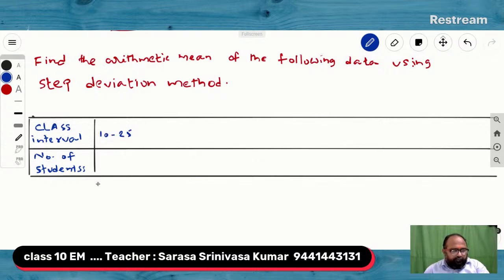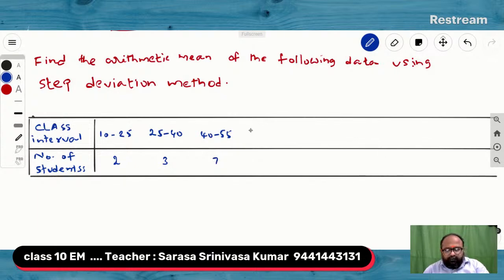In 10 to 25 interval, there are two students. 25 to 40 interval, there are three students. 40 to 55 interval, there are seven students.